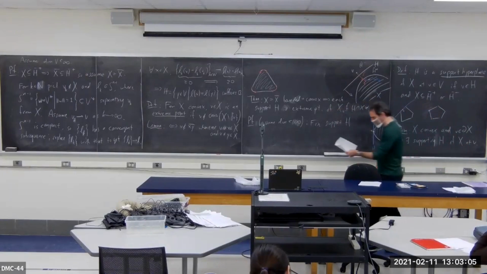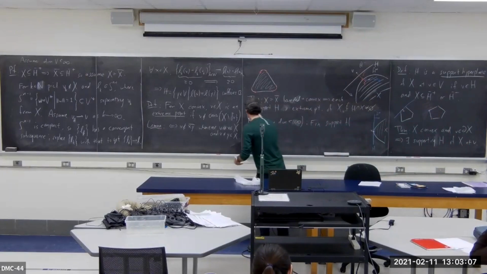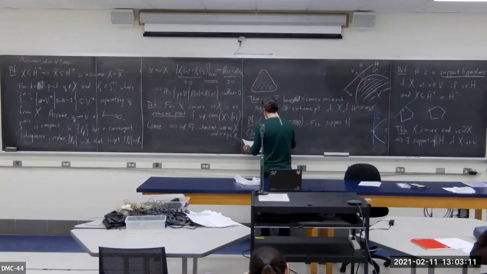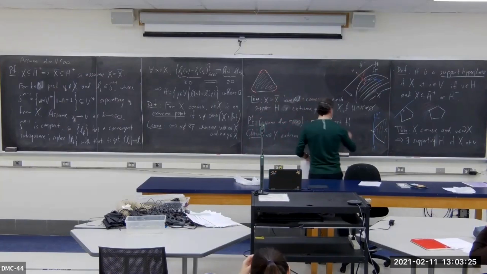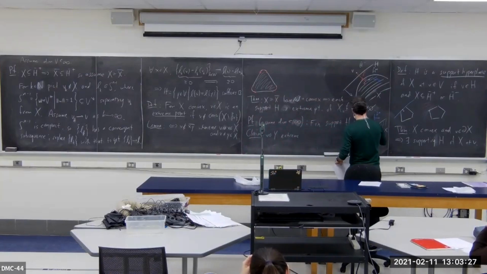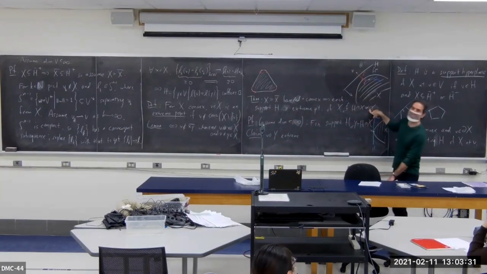So the claim that I want is that if V in Y is extreme, oh, what's Y? Let's set Y to be H intersect X, which is now non-empty.